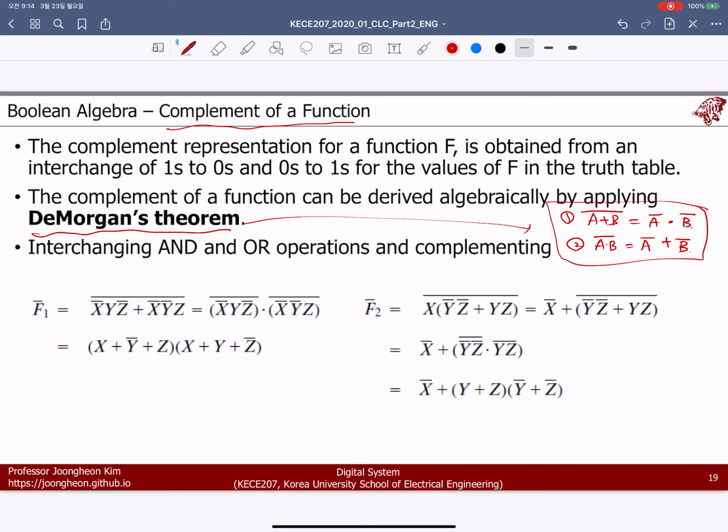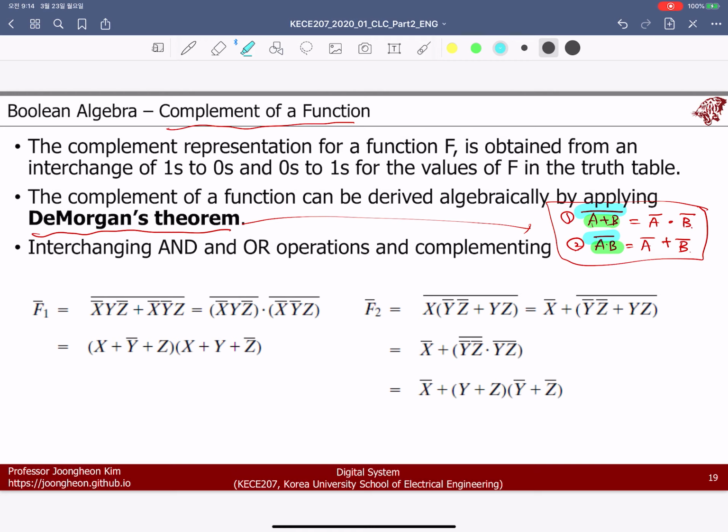When you have any kind of function and the complement on top of it, then for the first phase you have to go to De Morgan's theorem for sure, and then do the development based on that. So keep in mind that in order to calculate the complement of a function, you have to use De Morgan's theorem, okay?